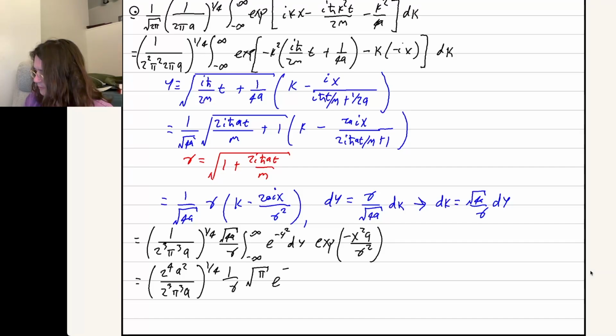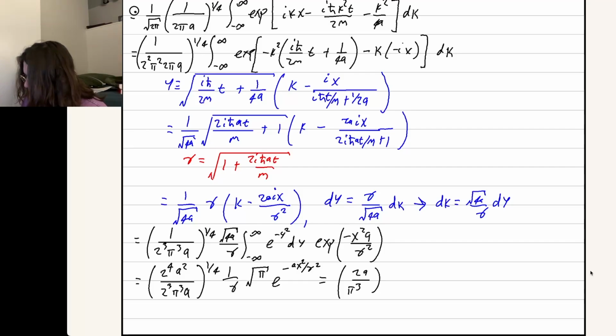And I'm just going to write this now as ax squared over gamma squared here. We can simplify the stuff that's in here even more. So we'll have a total 2a over pi thirds, and then multiply by an additional factor of pi squared from the root pi thing. And that's also the 1/4. Then we have 1 over gamma e to the minus ax squared over gamma squared.